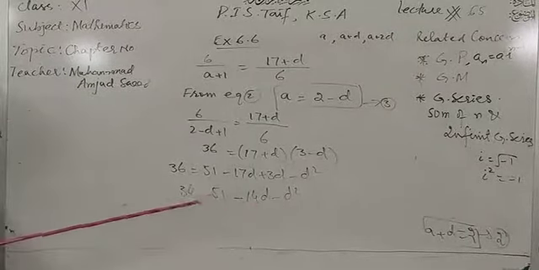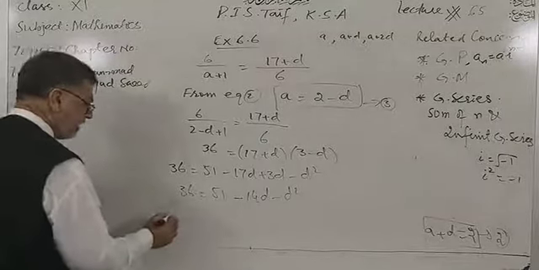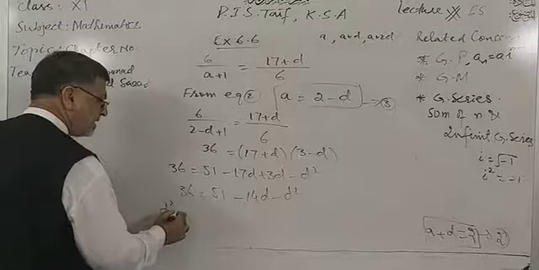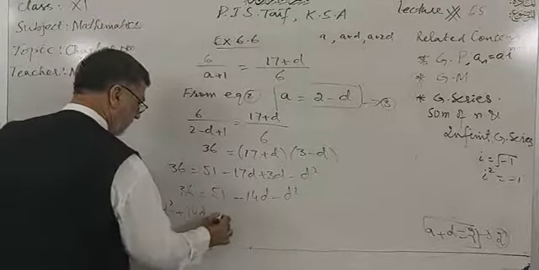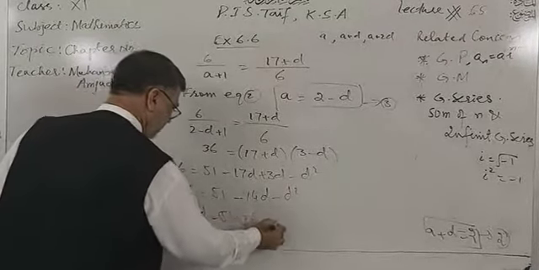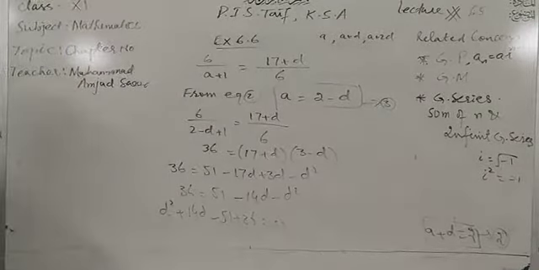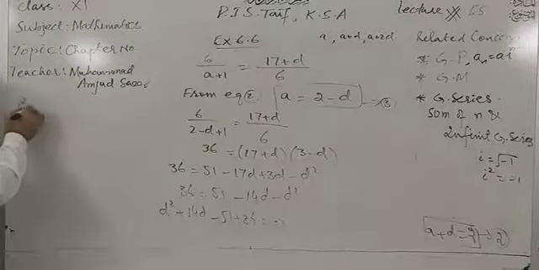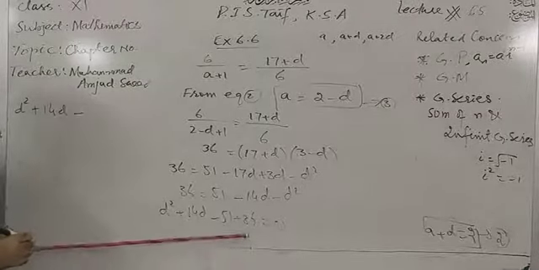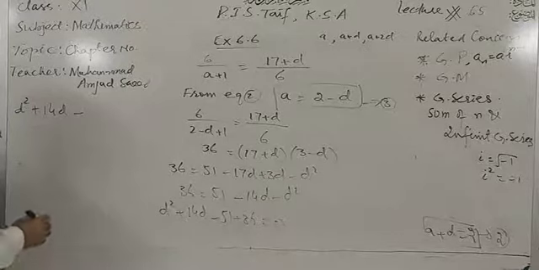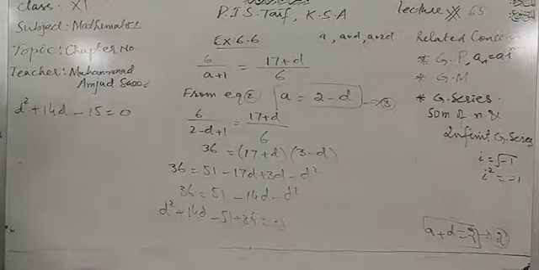Bring this term to the left hand side because D squared is negative. It will become positive when you shift it to the left hand side. D squared plus 14D minus 51 plus 36 is equal to 0, so D squared plus 14D minus 15 is equal to 0.